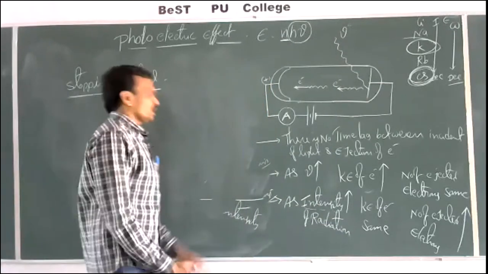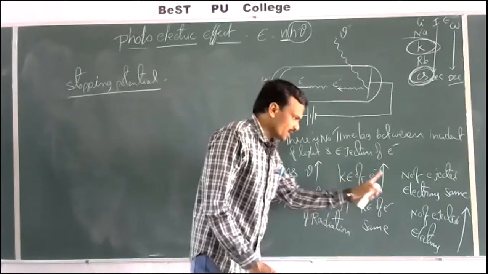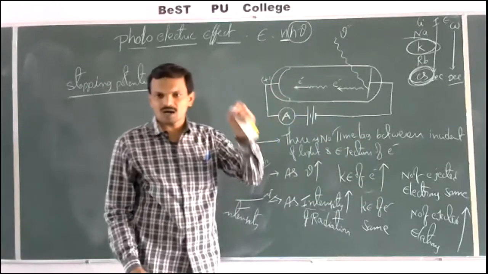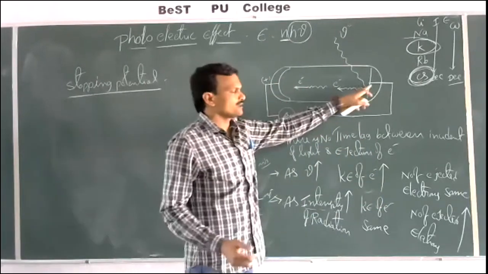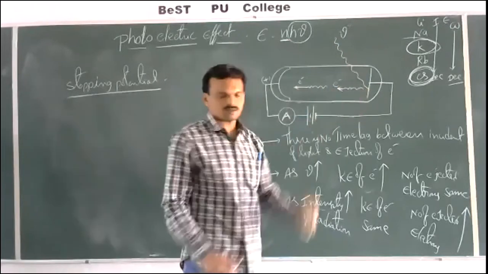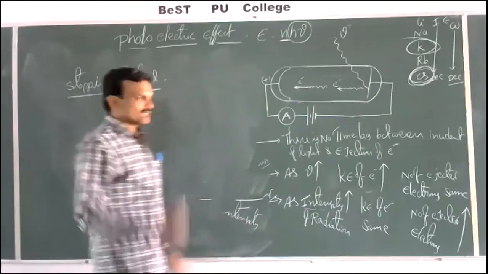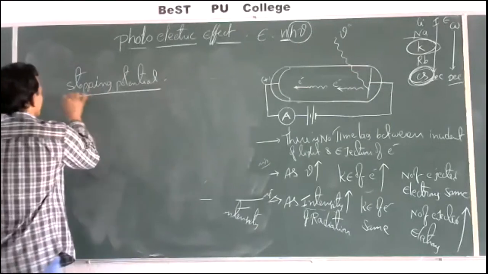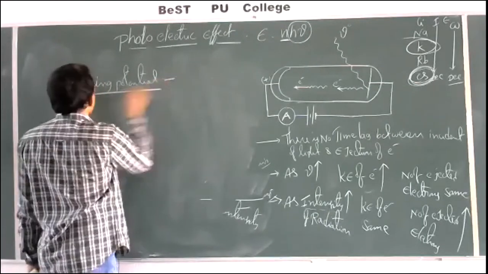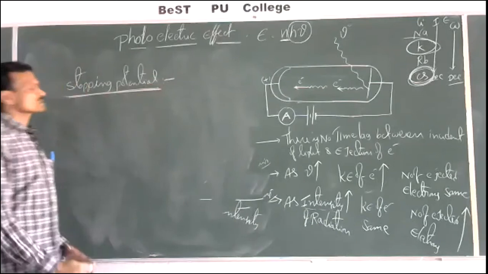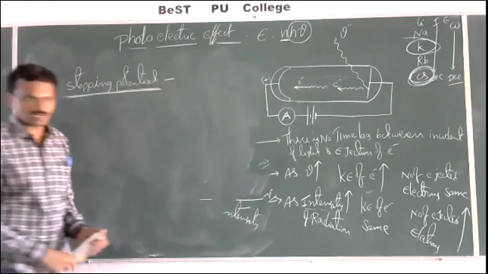If we supply some energy which is equal to the kinetic energy of the electron, then we can stop the ejection of electrons. And that minimum potential that is required for stopping the ejection of electrons is called stopping potential. Okay, see once again.